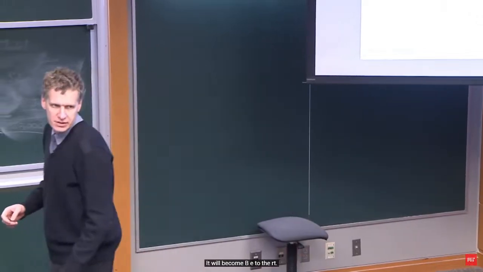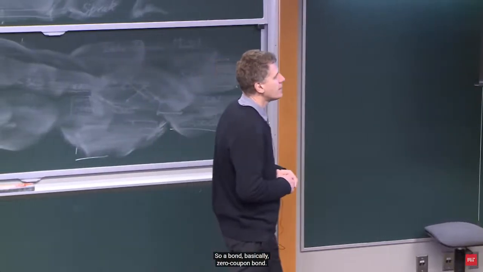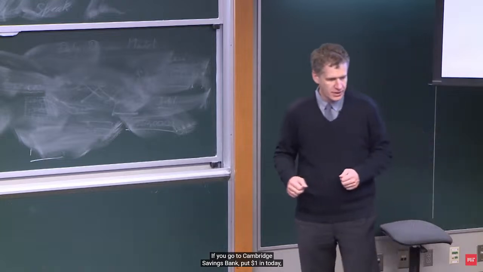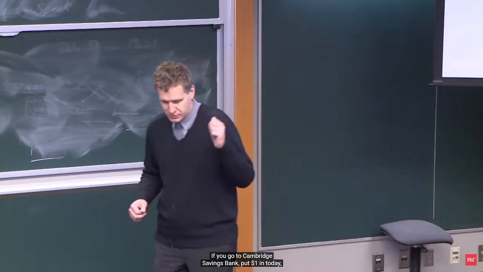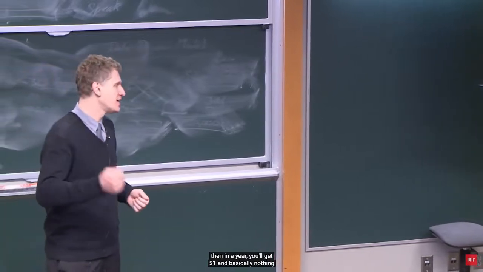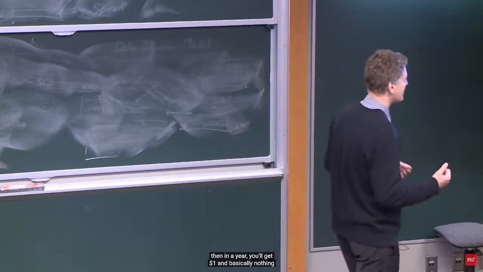It will become B0 e to the RT. So a bond, basically a zero coupon bond, or a money market account, rather. If you go to Cambridge Savings Bank, put $1 in today, then in a year you'll get $1 and basically nothing because the interest rates are 0.